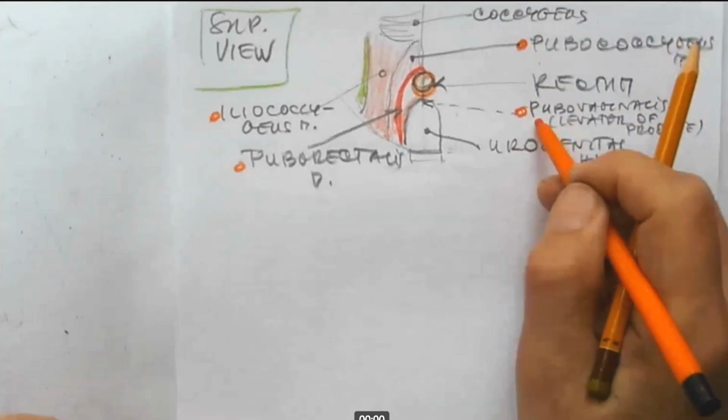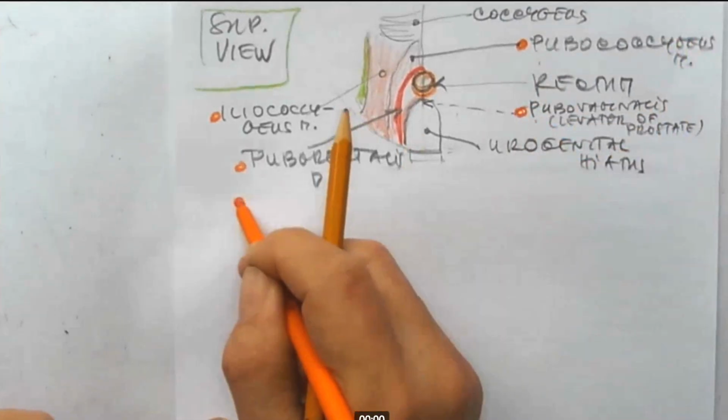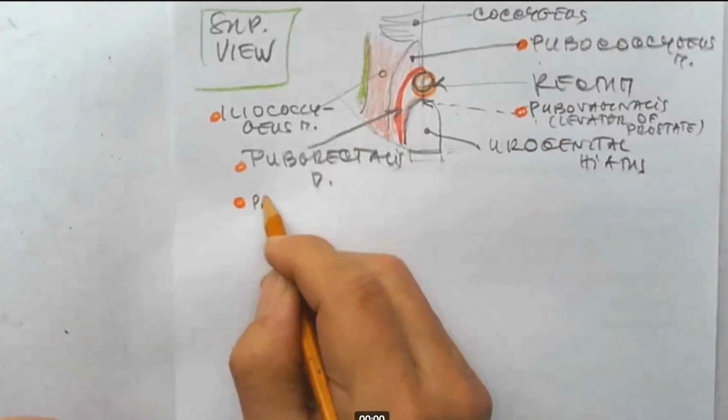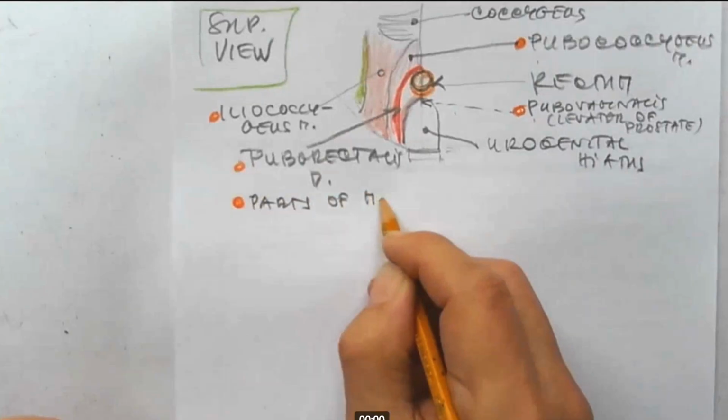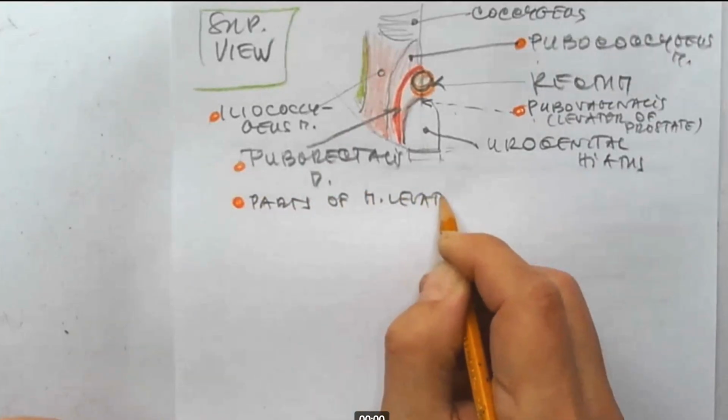So all these, 1, 2, 3, 4, belong to the parts of the musculus levator ani.